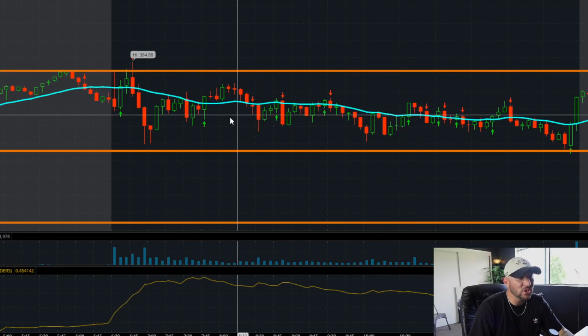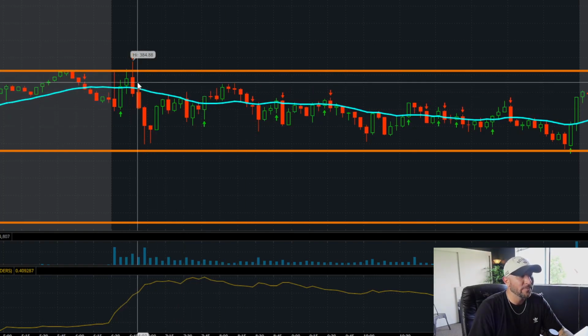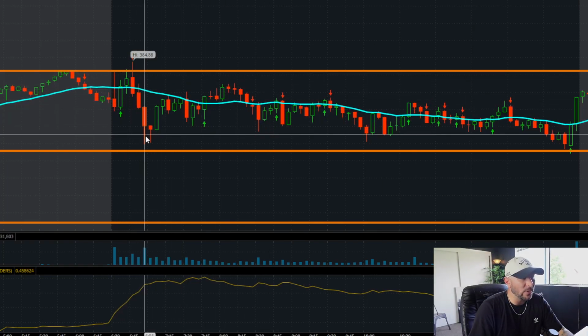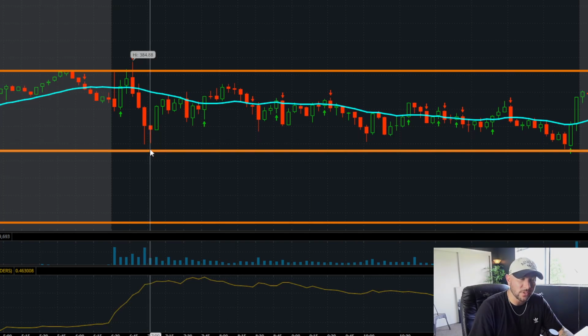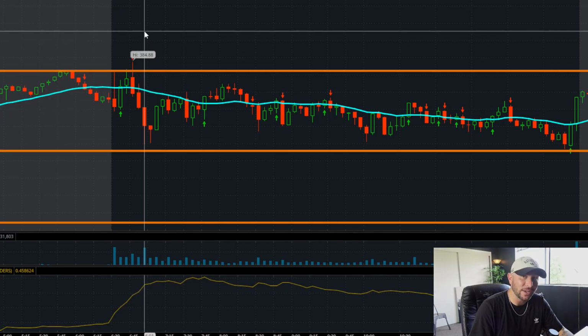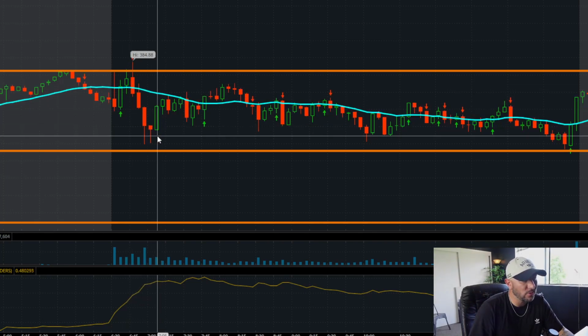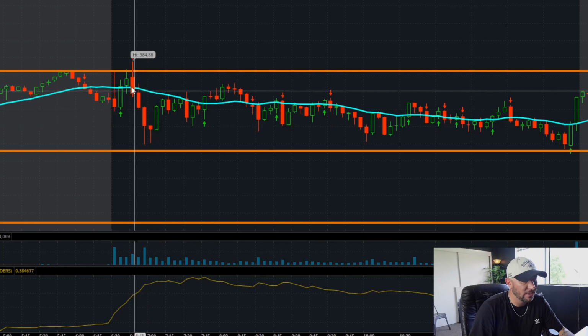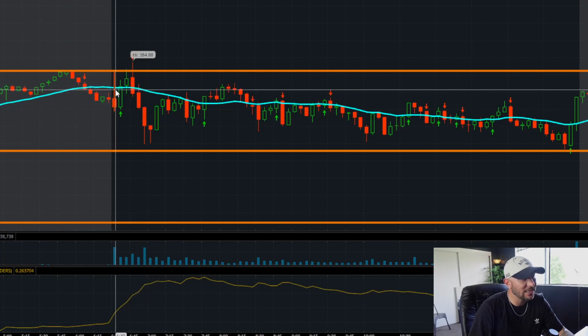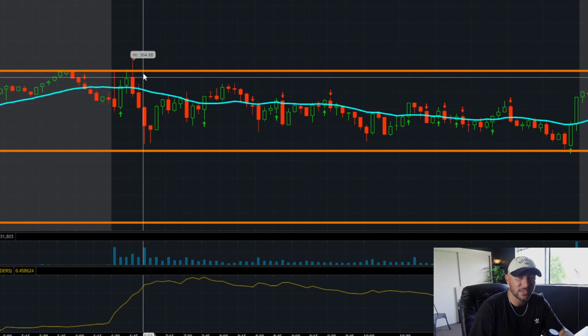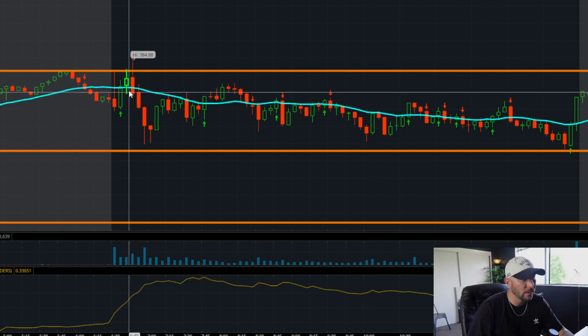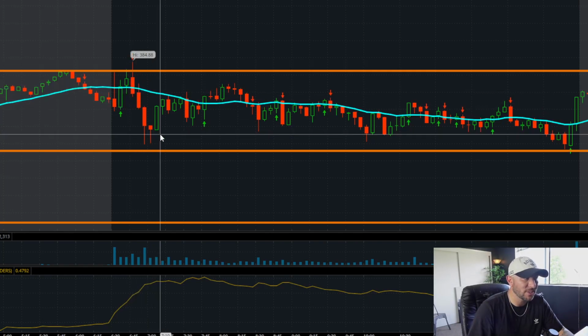So what you need to start identifying is that as the day goes on and we don't break pre-market lows and we don't break pre-market highs, essentially we're trading in the middle. Let's say, for example, you didn't take this short trade. Let's say you took the long, you got stopped out, you lost a little bit of money, you were hesitant, you never took the short position.